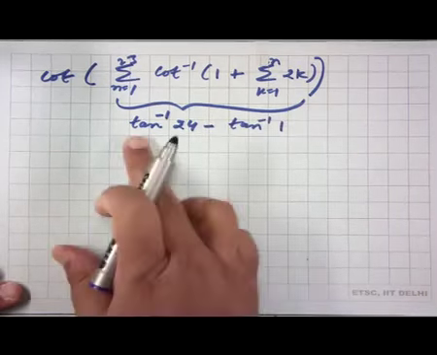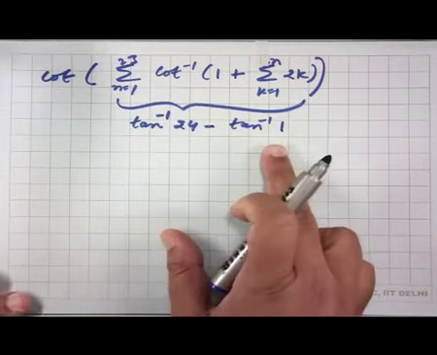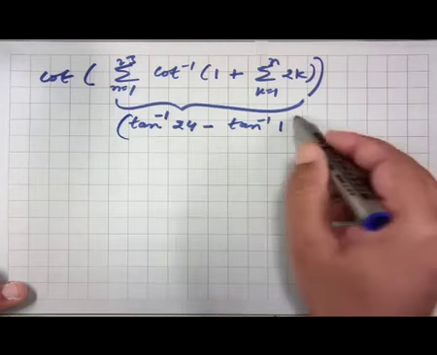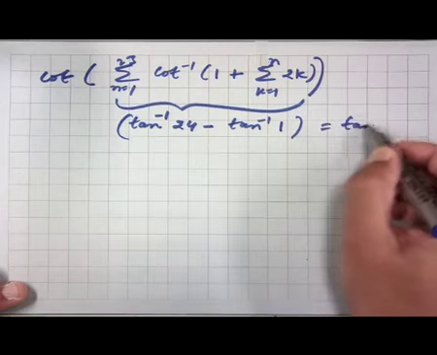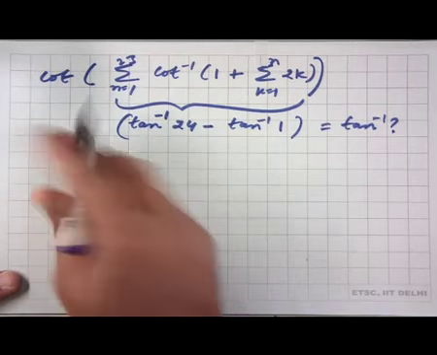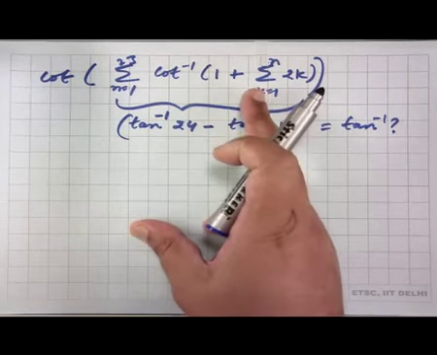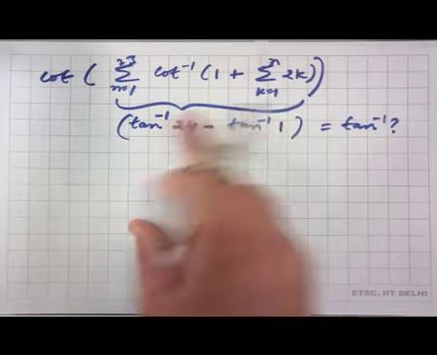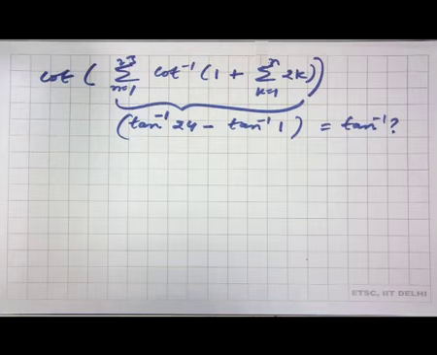Now we need to simplify this further, because the idea should be to express this whole thing as tan inverse of something, so that we can then have cot of tan inverse of something, and we have already seen the conversion formula between cot and tan. So, that should help us.